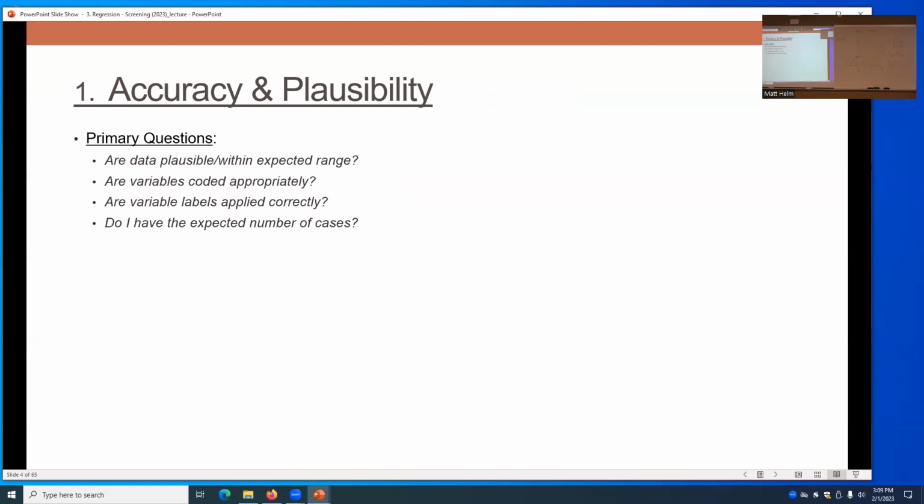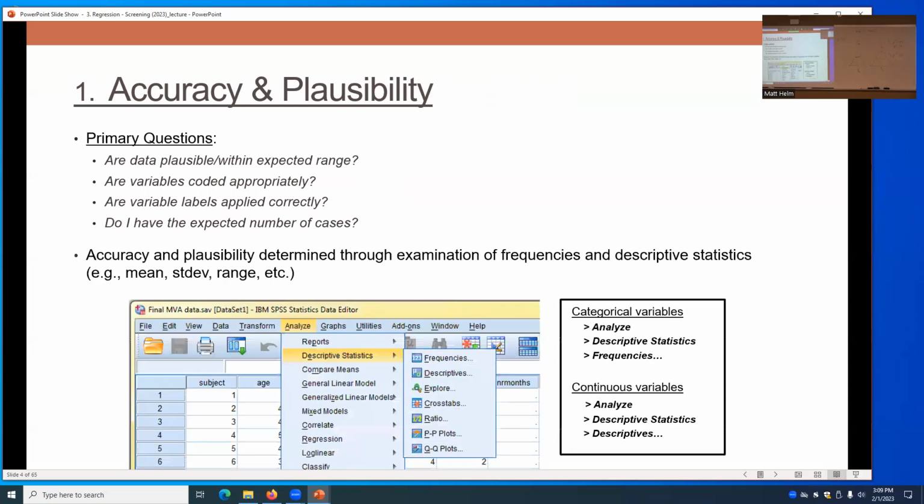Are my variables appropriately labeled? Do I have the expected number of cases? So all of this is making sure I have what I need to have in these data, okay? Again, this is not anything new, you've done this in every other dataset before. Just make sure you look at your descriptives for your categorical and continuous variables, making sure everything sums up and makes sense given what things should look like.